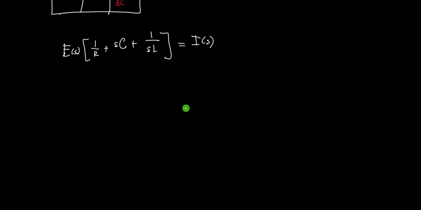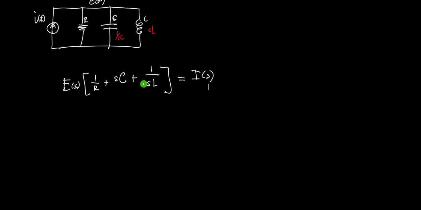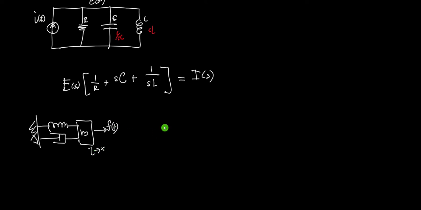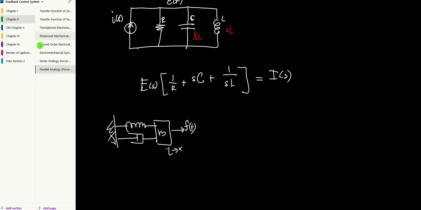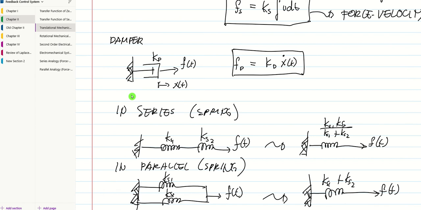Now if we go back again to the translational mechanical system, you have a spring, a damper, and the mass M. Then we apply F of t, and we have a displacement X. We already derived the equation of this before in the second order system, the mass-spring-damper system. Let's look at it here, translational mechanical system.